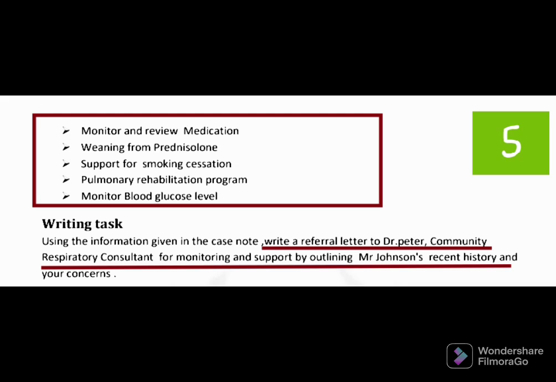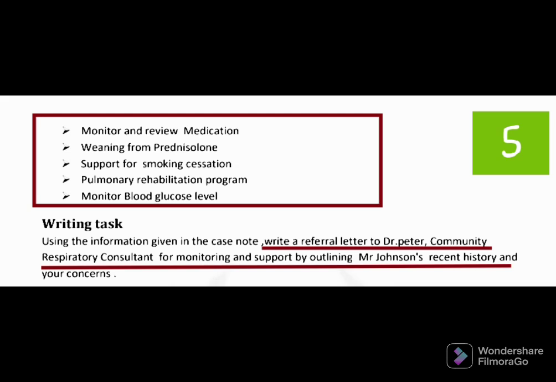Discharge plan: monitor and review medication. All this discharge medication you have to write. Weaning from prednisolone gradually. Support for smoking cessation, pulmonary rehabilitation program, and monitor blood glucose level. So here we have 5 recommendations. You can write them concisely. The first one should be the monitor and review of medications, where you can write all medications in short.